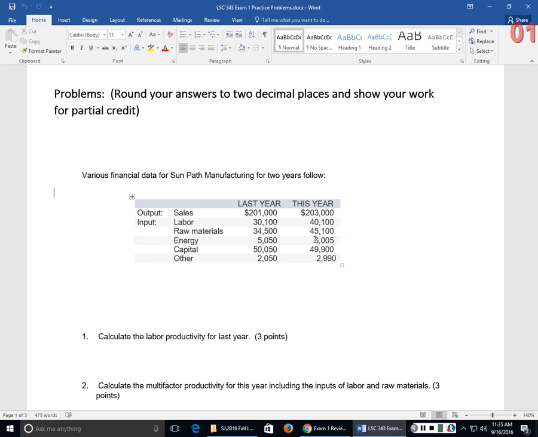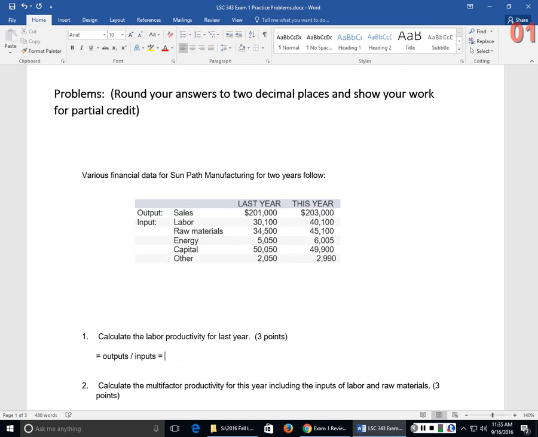Okay, and so partial productivity. How many inputs are you working with? One. Multi-factor productivity is more than 1, but not all, and total productivity is just saying you're using all, okay? So again, that's that breakdown of those 3. So if I'm going to calculate the labor productivity for last year, which is a partial productivity measure because I'm only using 1 input, it's outputs divided by inputs.